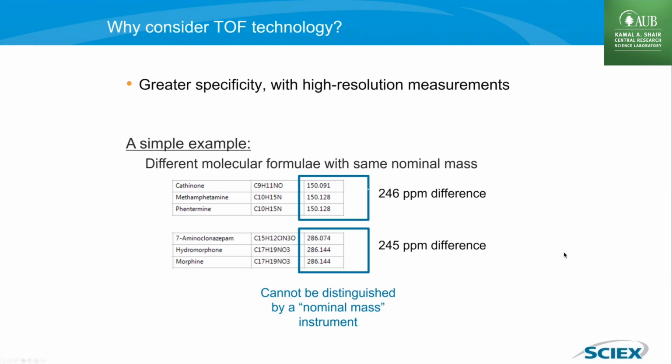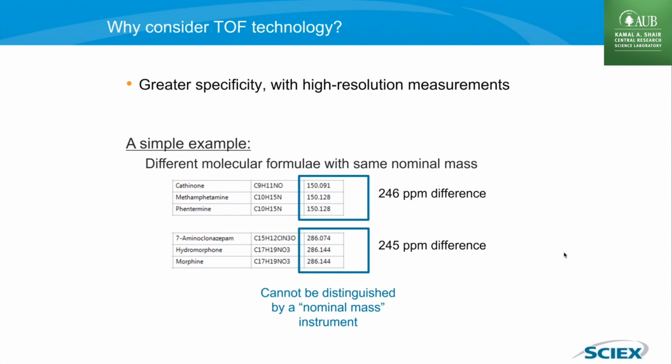To calculate the ppm difference, we simply subtract these 2 numbers and then divide by one of them and multiply by 1,000,000. So you can see here, to tell the difference between cathinone, for example, and methamphetamine, which have the same integer mass but a different decimal, that would require 246 ppm mass accuracy.